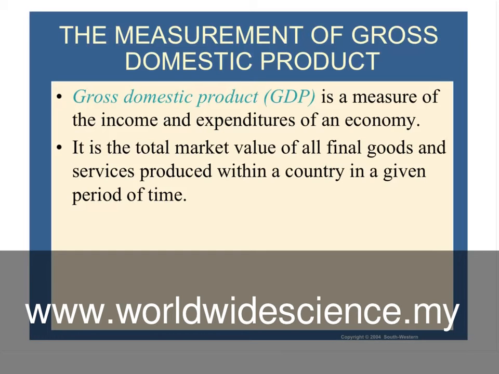So whenever we say the GDP of this country is this much and that country is that much, what we basically mean is the total market value of goods and services that are produced within a country within that certain period of time.